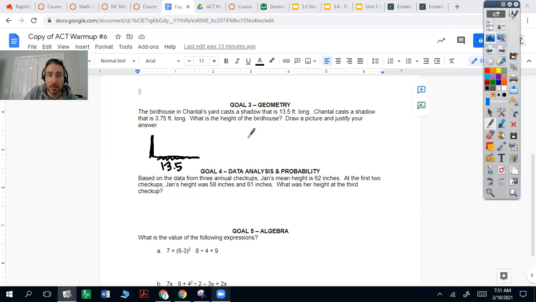Chantal casts a shadow that's only 3.75. So she's a little bit smaller. What is the height of the birdhouse? Draw a picture and justify your answer.